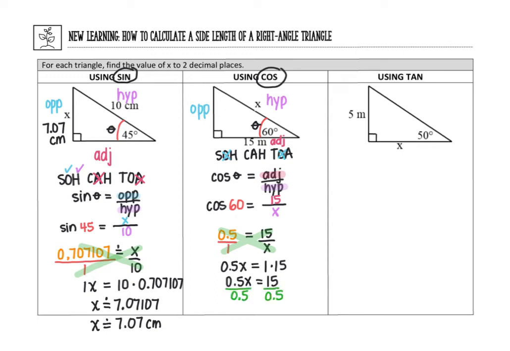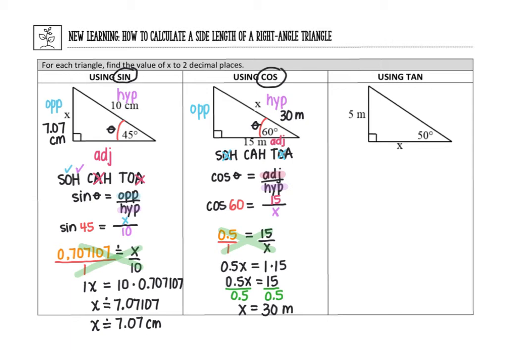And this will give us x is equal to 15 divided by 0.5, which is 30. This will be 30 meters, and we can verify this by writing that value within our triangle and checking out that our hypotenuse value is in fact bigger than the leg values that were given. So since 30 is bigger than 15, we know we're good to go.